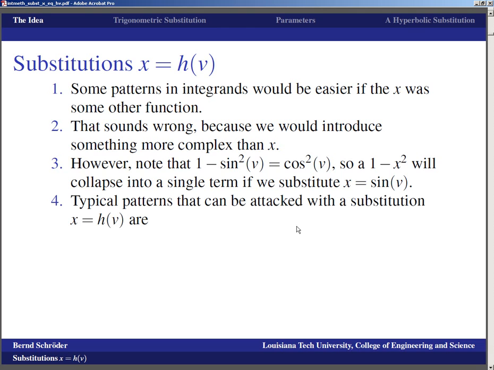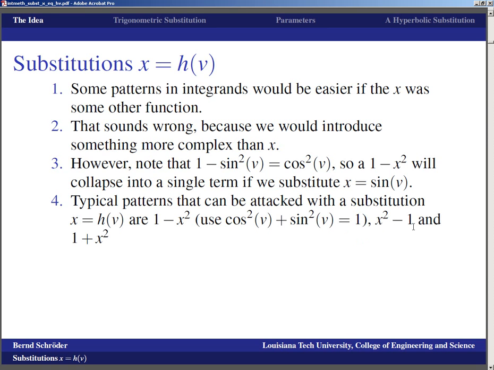Okay, so typical patterns that we can attack with the substitution x equals h of v are the pattern 1 minus x squared, where you use cosine squared v plus sine squared v equals 1, and therefore you substitute x equals sine of v or x equals cosine of v.